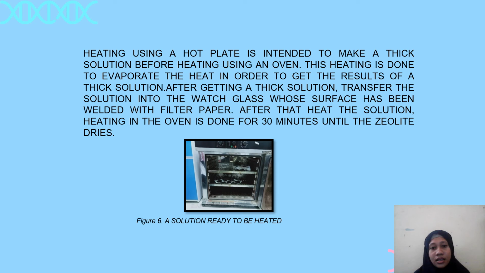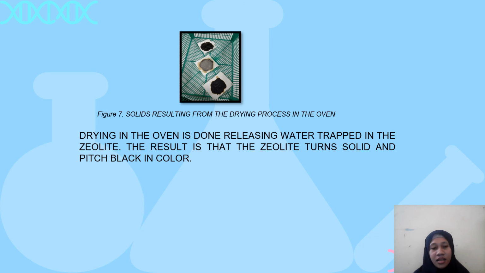After that, transfer the solution into a watch glass whose surface has been lined with filter paper. Then heat it in the oven for 13 minutes until the zeolite dries. Drying in the oven is done to release the water trapped in the zeolite. The result is that the zeolite turns solid and pitch black in color.